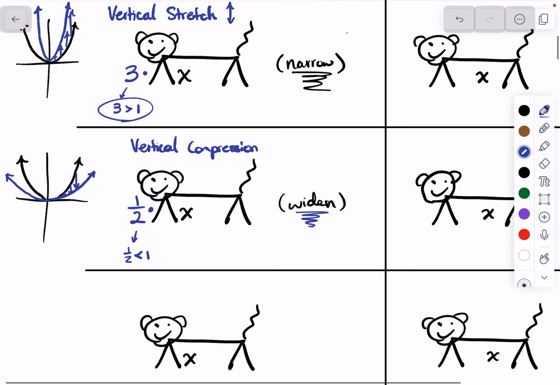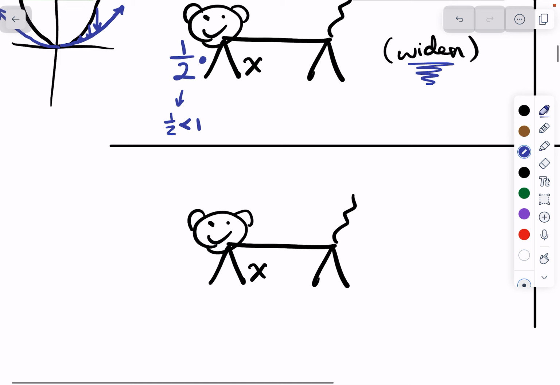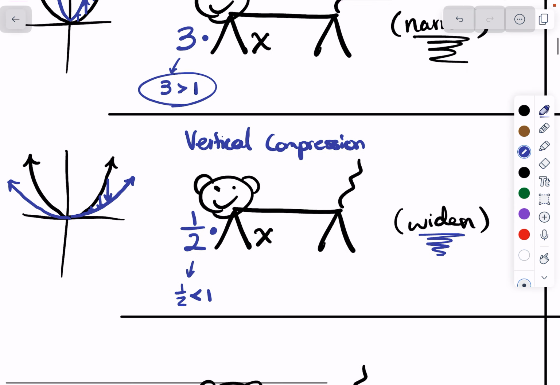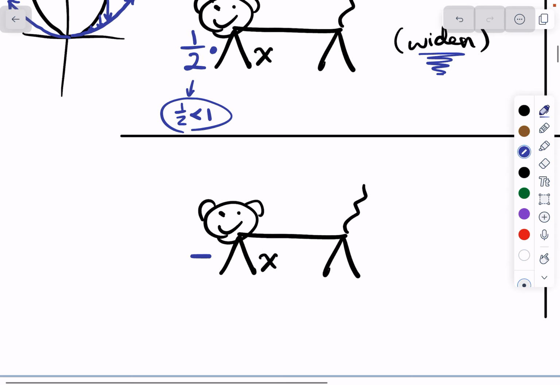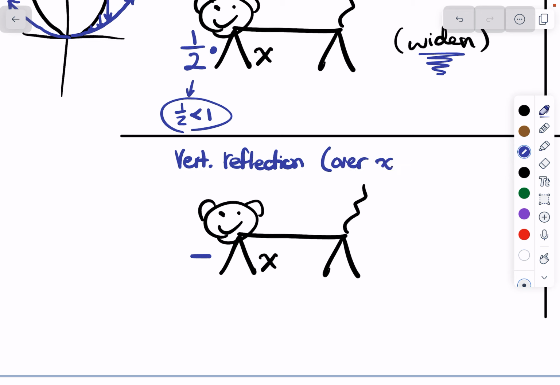And there's one more. My bad. If we have a negative multiplied to the outside, right, technically we're doing times -1. So notice how we did bigger than 1, smaller than 1, and now we have this -1 factor, right? This is going to create a vertical reflection, or you could just say a reflection over the x-axis.